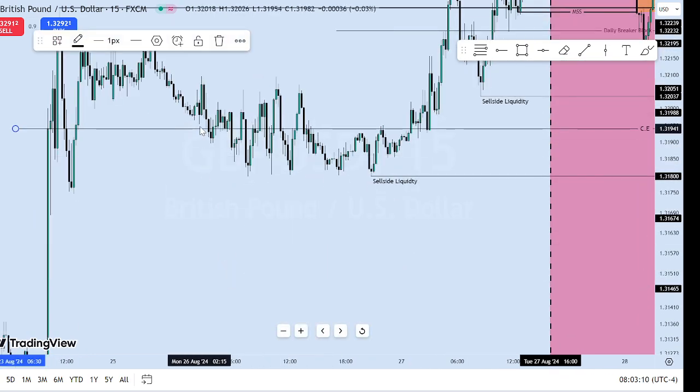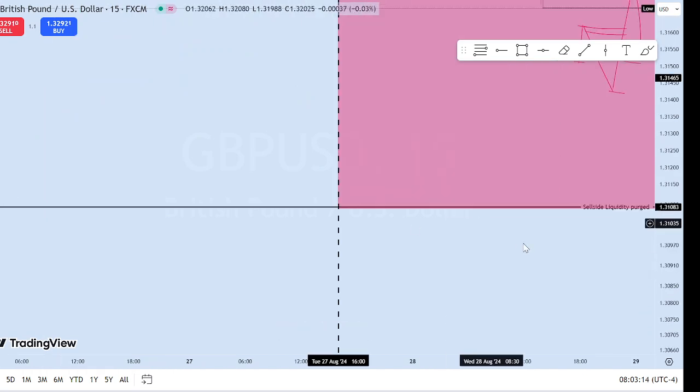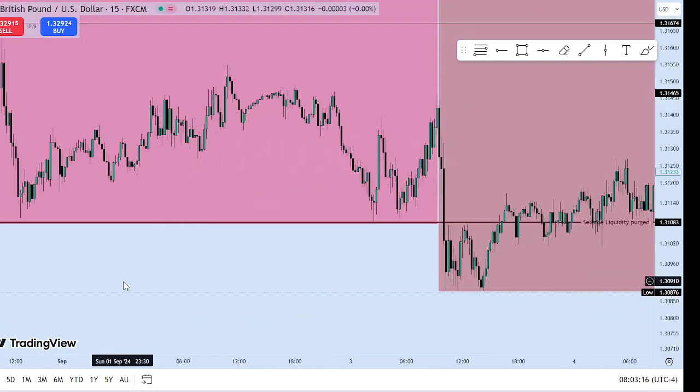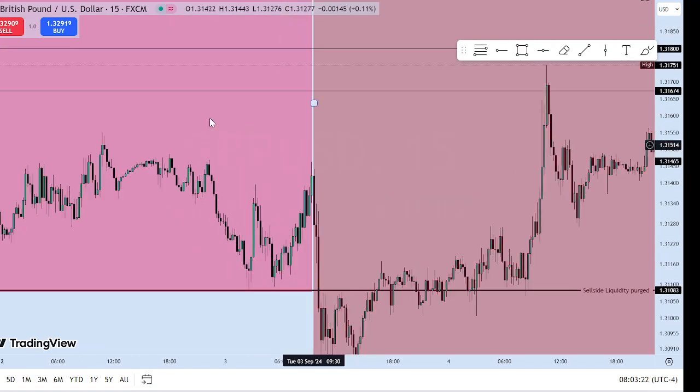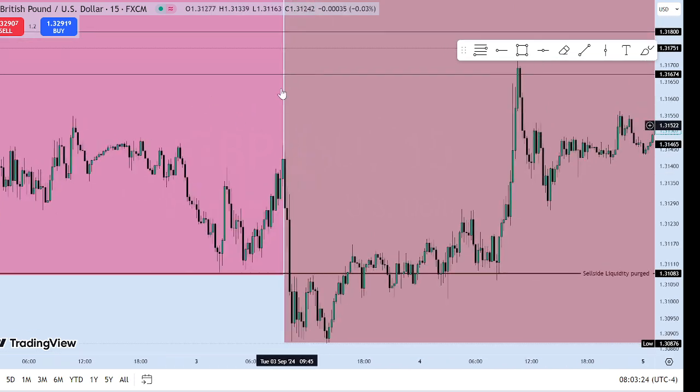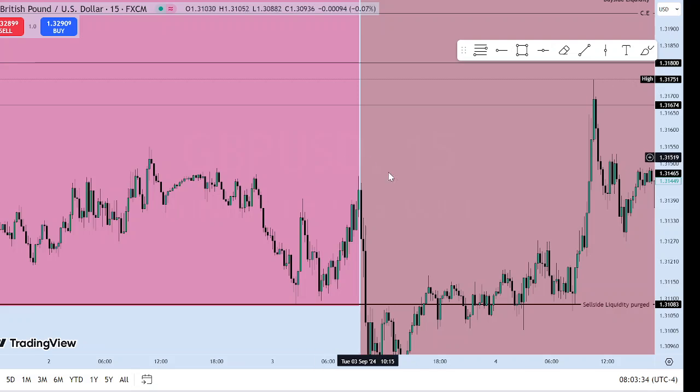So we took out a major low. When you take out a major low, price tends to redeliver and seek a liquidity, that's buy side liquidity, because we took a major sell side liquidity resting below price. So after taking it, the algo will seek a buy side liquidity resting above.